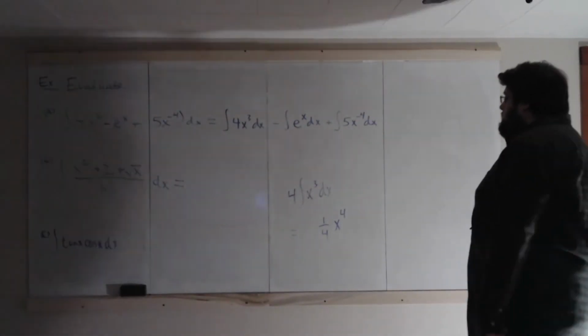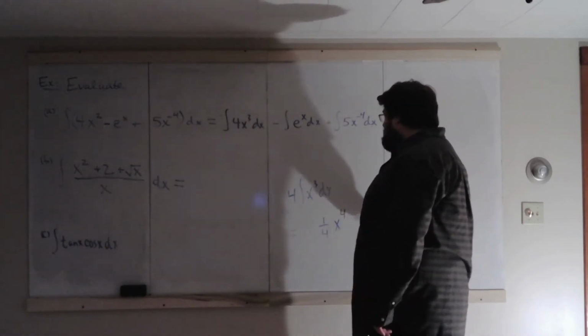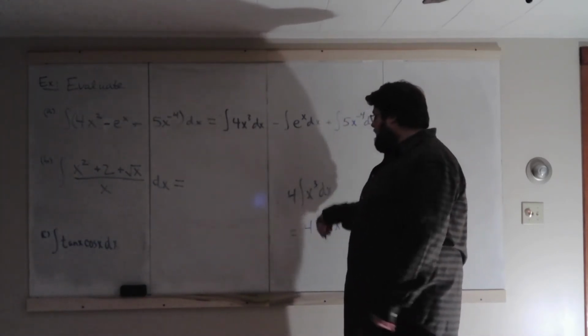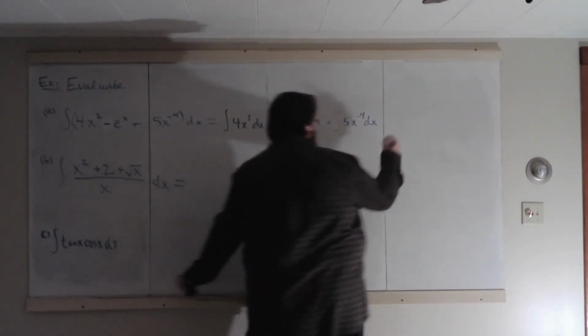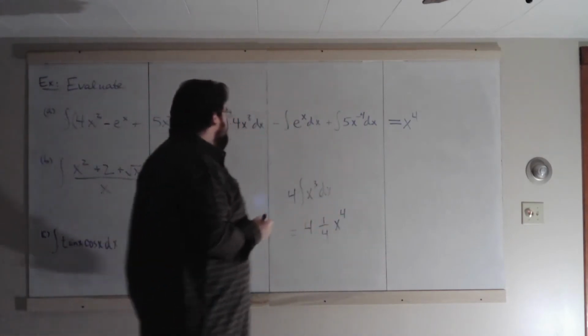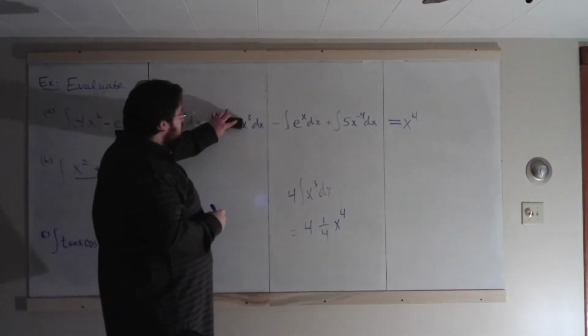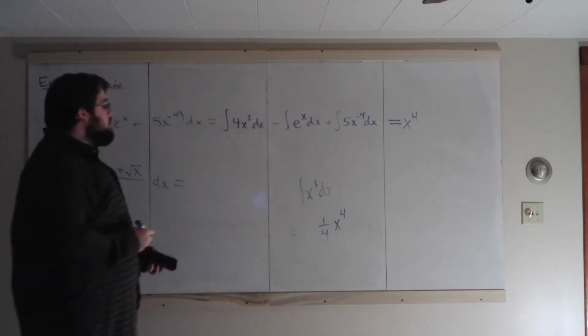So the integral of x to the third is a quarter x to the fourth plus c, and then that other 4 carries through. So for the first piece, we just get an x to the fourth. So we get 4 times a quarter x to the fourth.